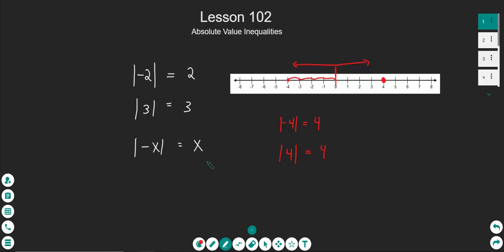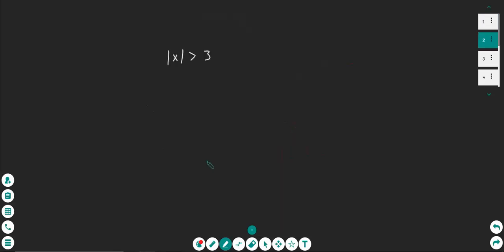Okay, with that in mind, let's embark on a few problems here. Let's say I have the absolute value of some unknown number, and I want to solve this inequality. I'm asking, what numbers could I substitute in for x such that their absolute value would be greater than 3?